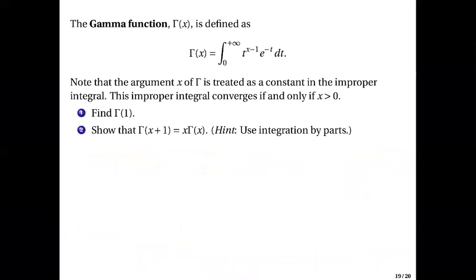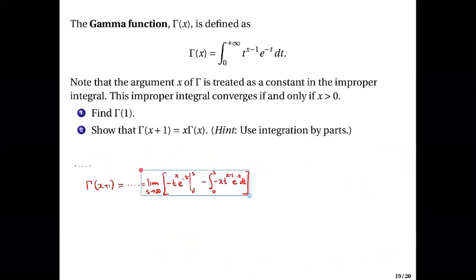So far, what we have is that gamma of x plus 1, we calculated this, and that's equal to this expression.